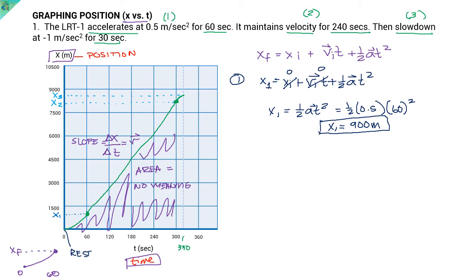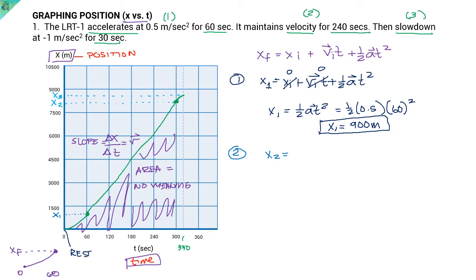Okay, changing color. How about our situation number 2, which is we're trying to search for x2. So for our situation number 2, I'll change xf to x2 to denote that we are trying to search for x2. Let's analyze our situation here.